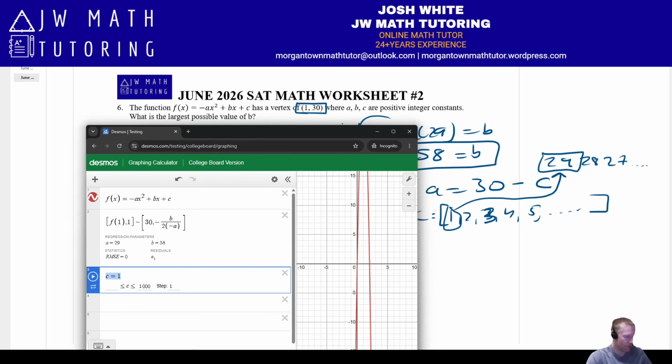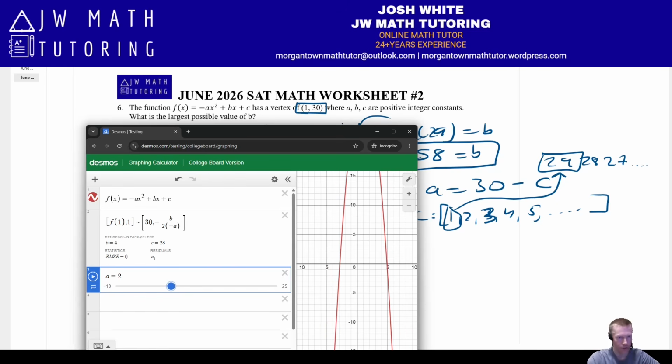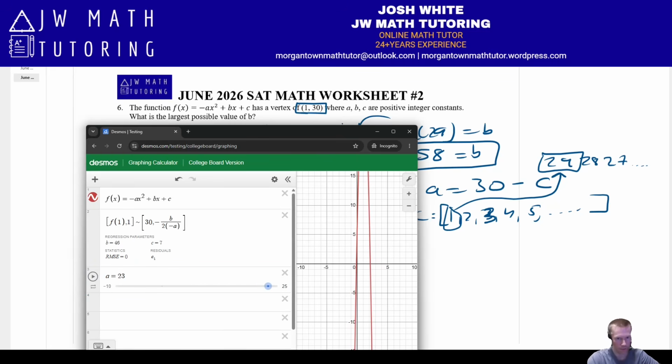The other way to do it is to instead start with a equal to 1, and now watch what happens to b. And let me just drop this down. So as you go, you can see b is getting bigger, bigger, bigger, continuing to get bigger. Oh, I got to go further. Continuing to get bigger, and then here, notice this is the 58, and notice here's what you're looking for.